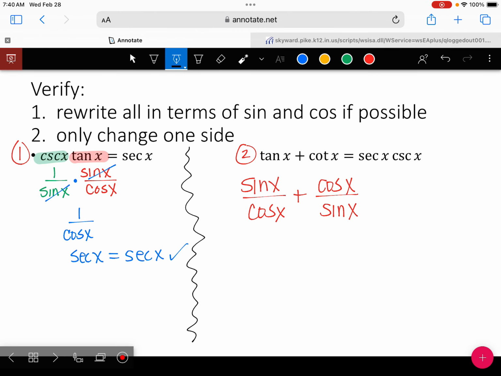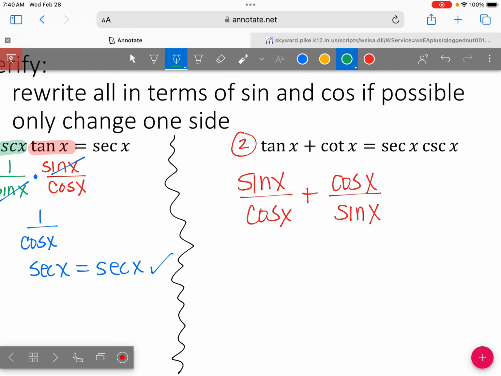Okay, so we have sine over cosine plus cosine over sine. So we have to add fractions, which means we need a common denominator. So this first fraction, I'm going to multiply by sine, and the second fraction, I'm multiplying by cosine. That's going to give me a fraction.